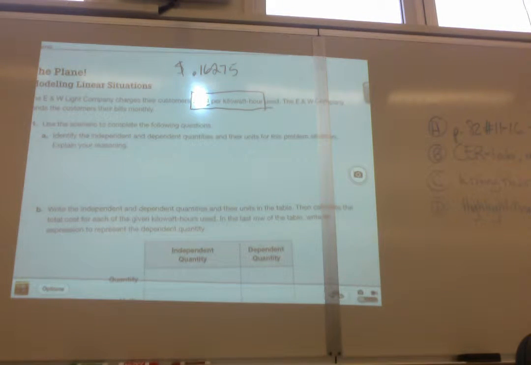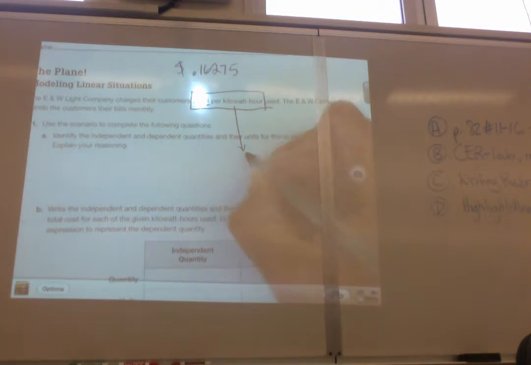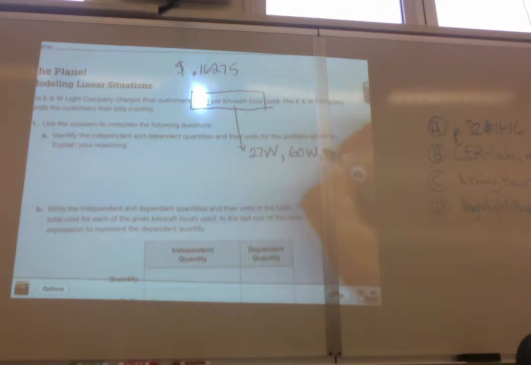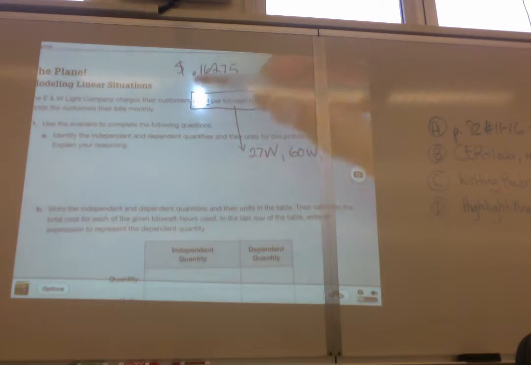Now, kilowatt, you probably have heard of a light bulb, yes? What's the usual wattage on a light bulb? 27? Okay, so maybe 27 watts, maybe 60 watts, maybe 45 watts. It depends on what the thing is, what the wattage is. But this is kilowatt, so that's 1,000 times as big.